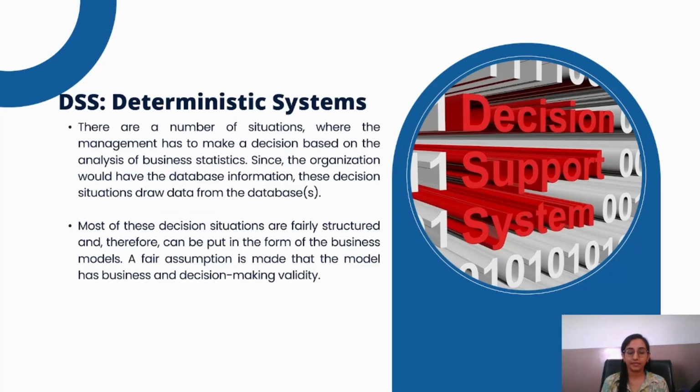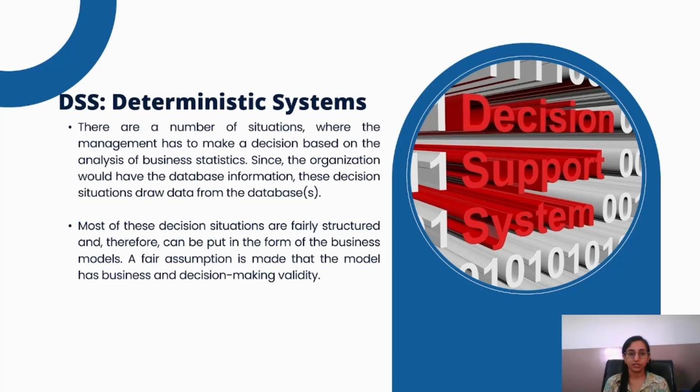Our next topic is deterministic systems. These are the type of DSS where outcomes are precisely determined through known relationships among states and events, without any room for randomness or unpredictable behavior. In the context of DSS, deterministic systems are used when management needs to make decisions based on the analysis of business statistics.